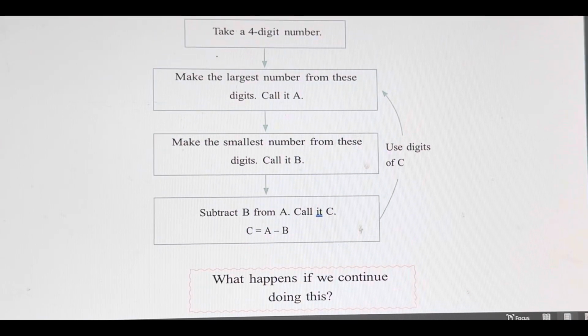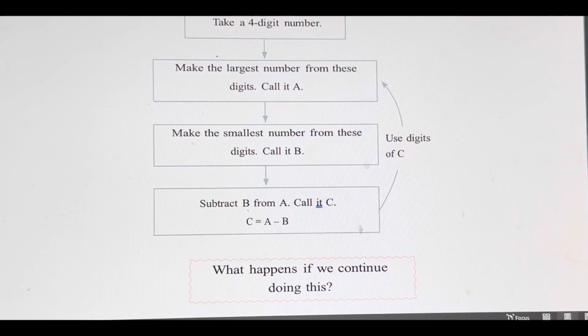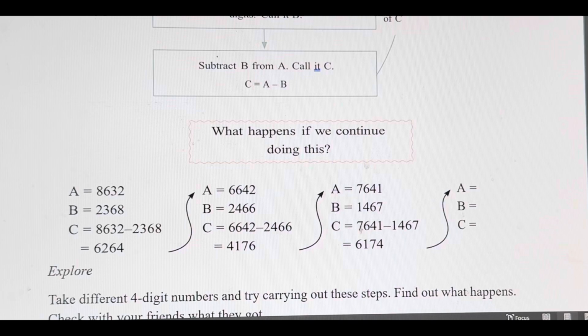And if you go on doing this, what will happen? That's the question. Here an example is given, like the number which I just showed you earlier. So 8632 minus 2368, the largest and the smallest number, you get 6264. Now again take the same number and form the largest. So the greatest would be 6642.